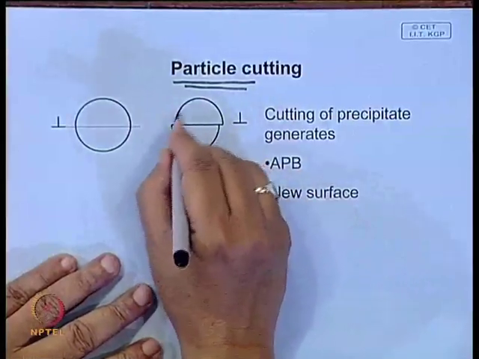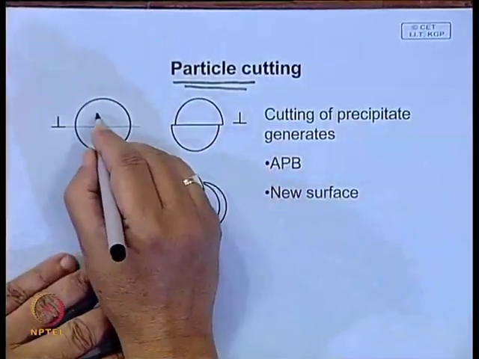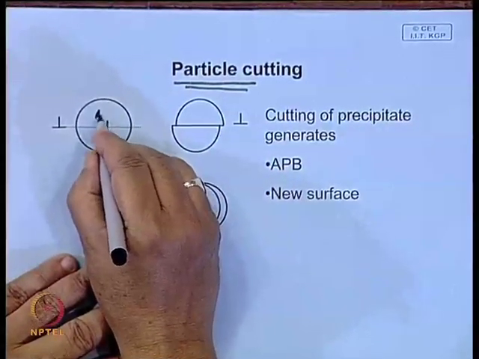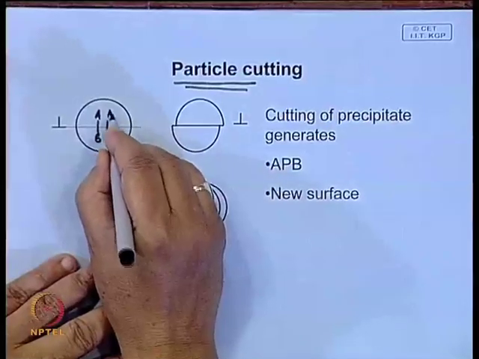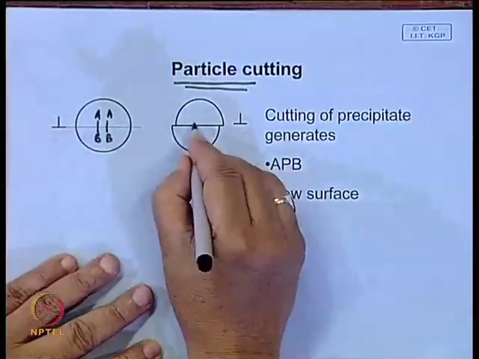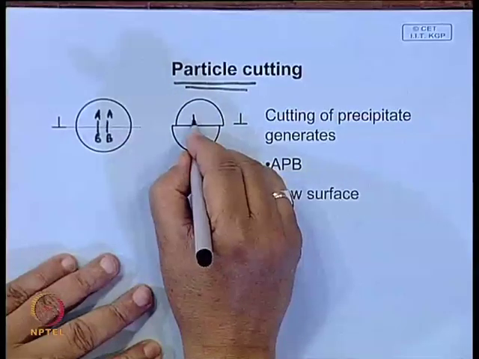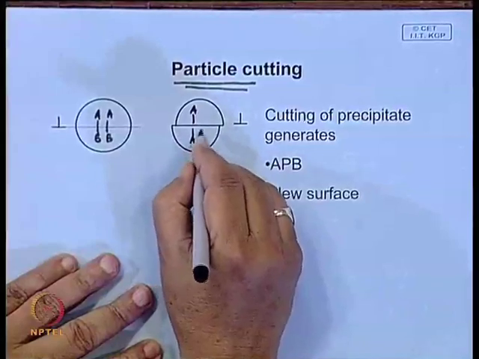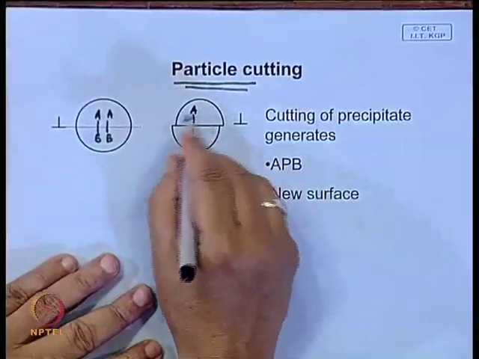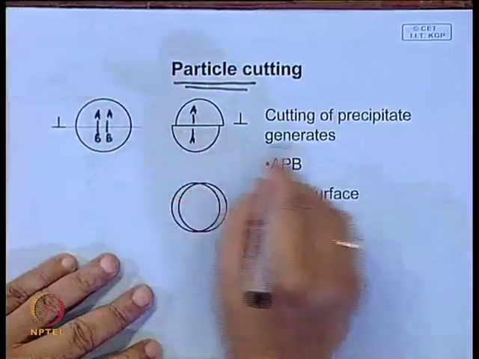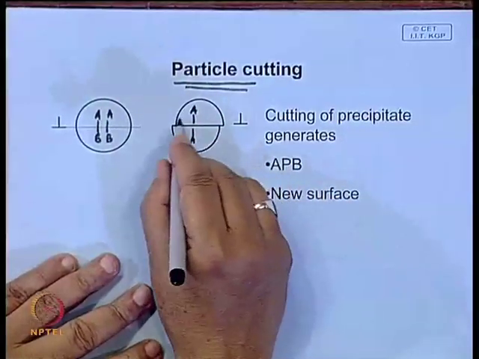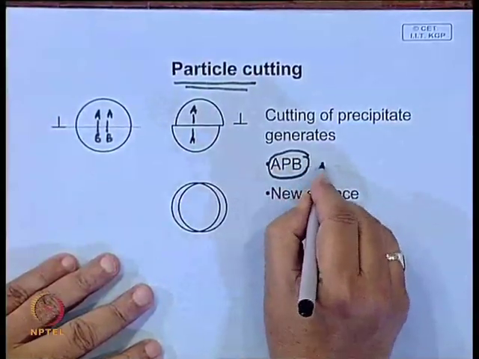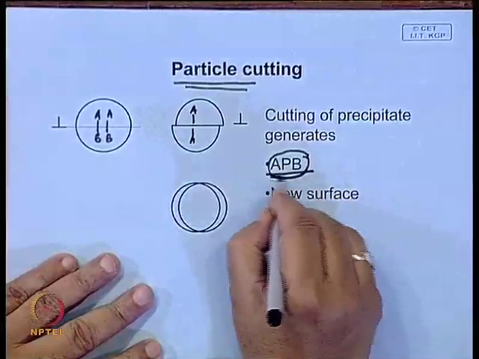When the precipitate is sheared, this is an ordered precipitate, so you have an A-B type bond here, here is A, here is B. If you slip it, you may find this is A, this also becomes A. That means the order gets disturbed, and this will have an additional energy, called the antiphase domain boundary energy.